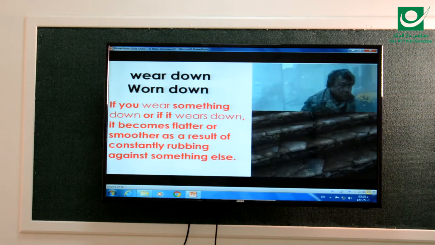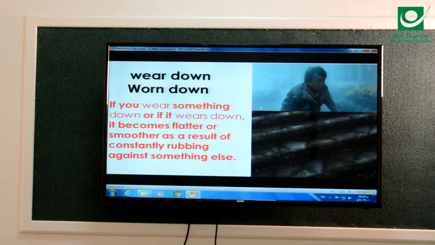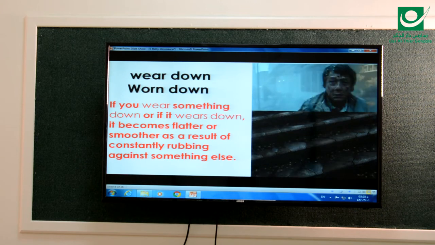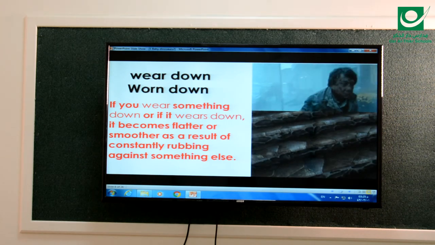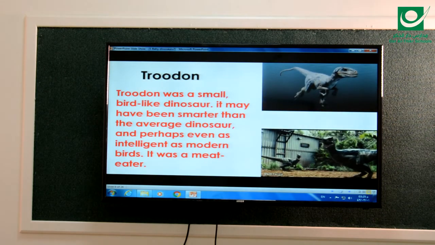So something that becomes smooth and flat because it was rubbed against something else, as you see. Troodon. Troodon was a small bird-like dinosaur. It may have been smarter than the average dinosaur, and perhaps even as intelligent as modern birds. It was a meat eater, by the way.